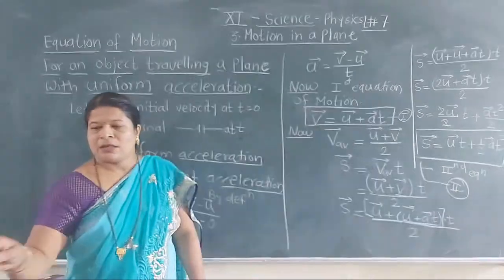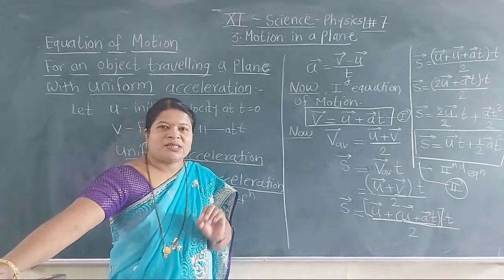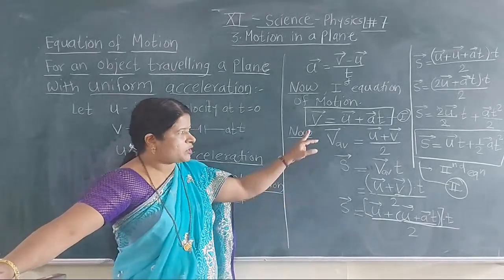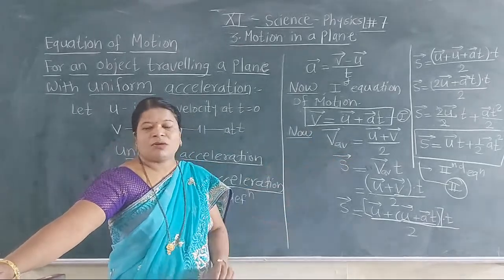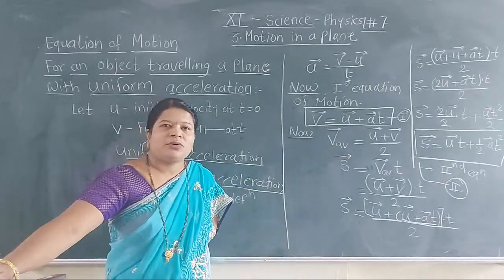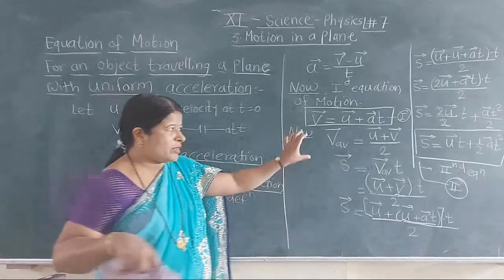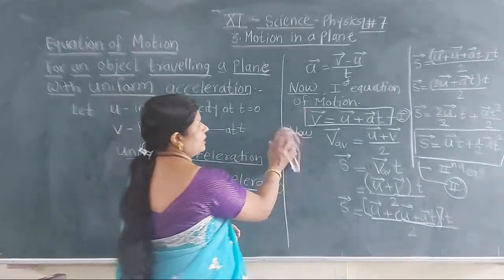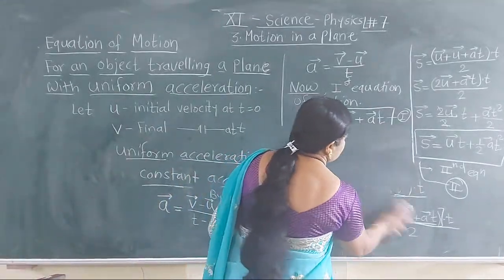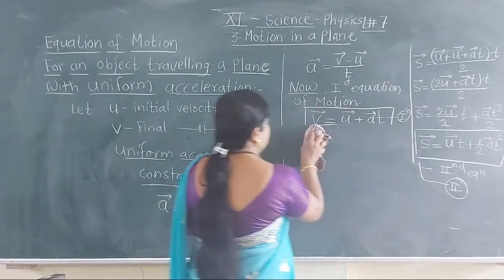Equation number 1 and equation number 2 can be resolved into their x and y components. हे दोन्ही इक्वेशन जे आहेत ते दोन्ही इक्वेशन आपण x and y components मध्ये आपण लिहिणार आहोत.